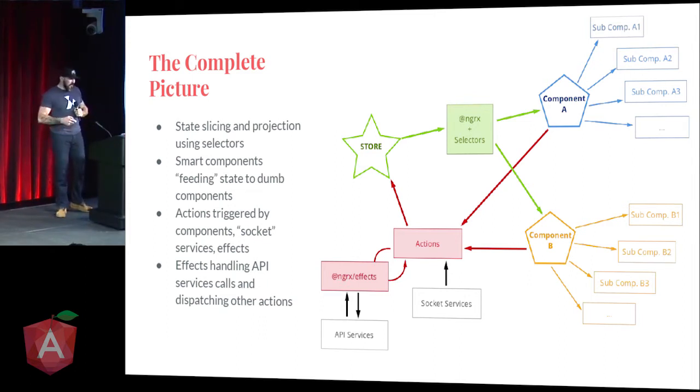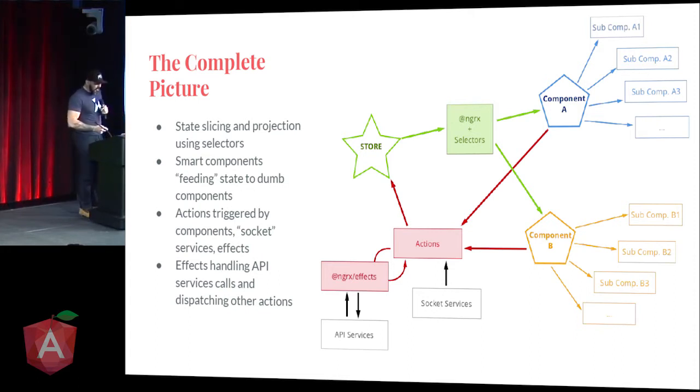We're going to go into a bit more detail about these different pieces, but what I want to bring to your attention is that by using selectors, you have the ability to take just a piece of state from the store that you are interested in displaying to your user. So you can reuse the selectors to feed into your components.